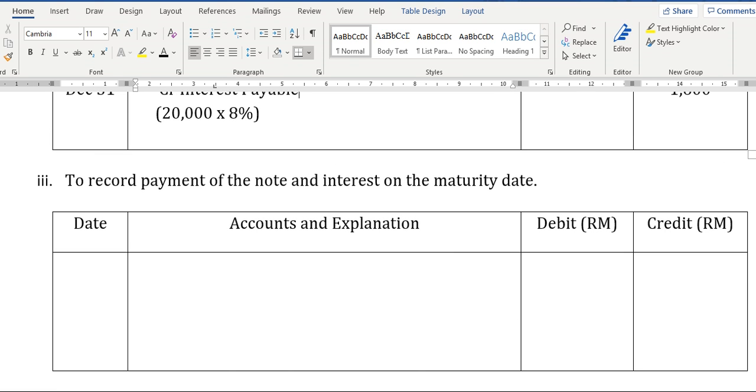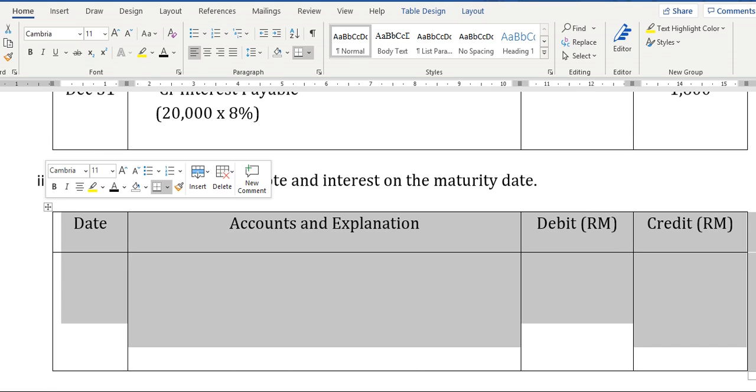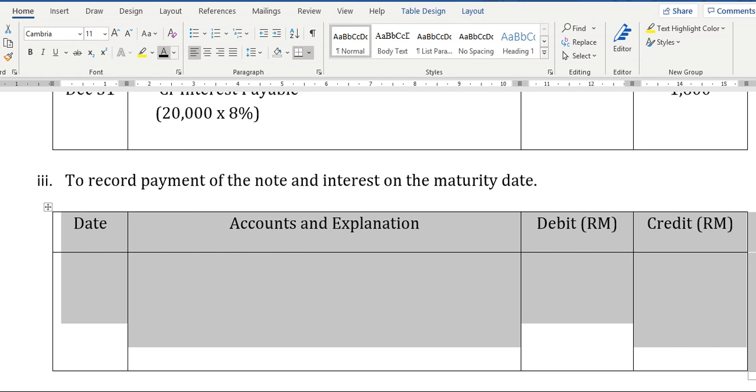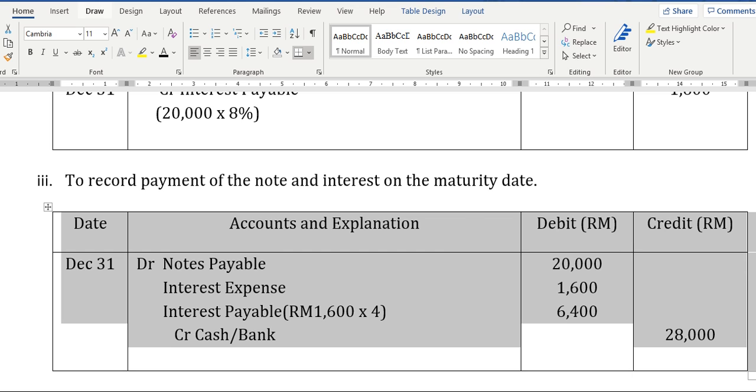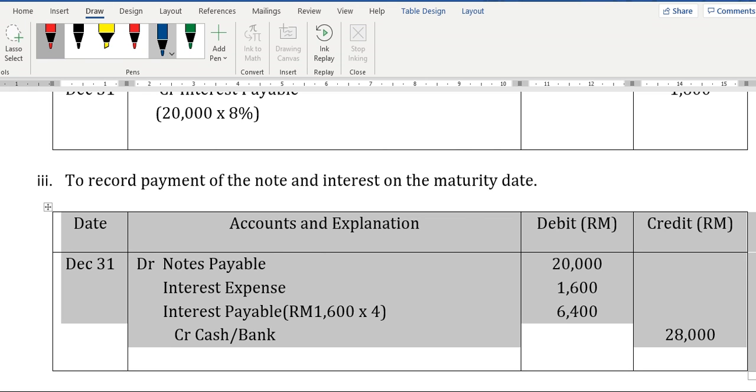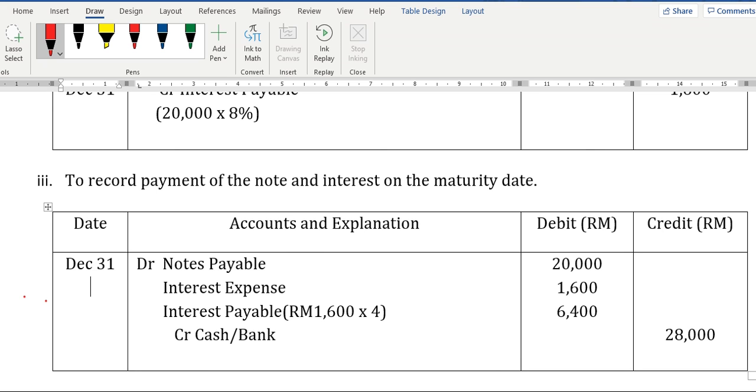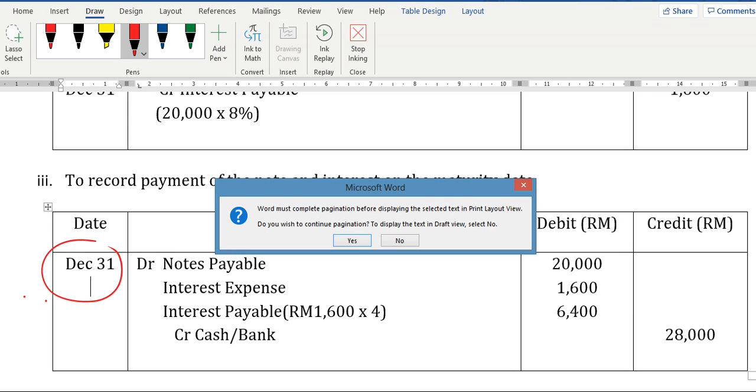On the 31st of December in the year 2016, that is the maturity date. As you can see here, this is your maturity date, 31st of December, for the year 2016.